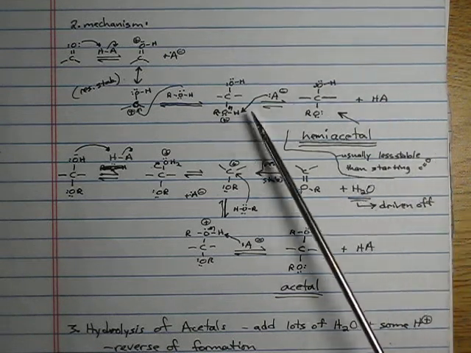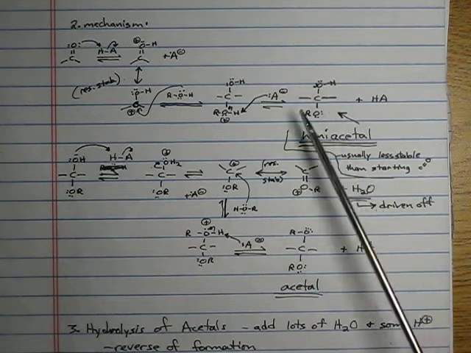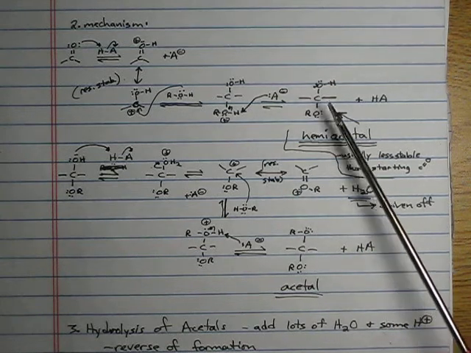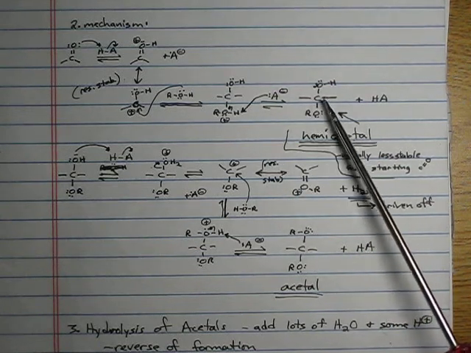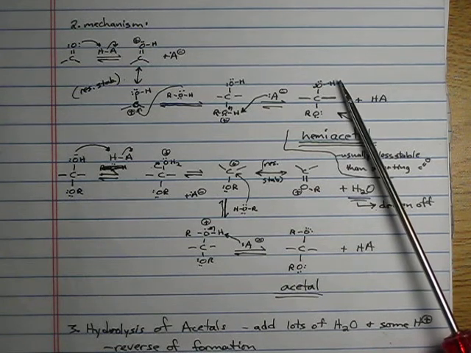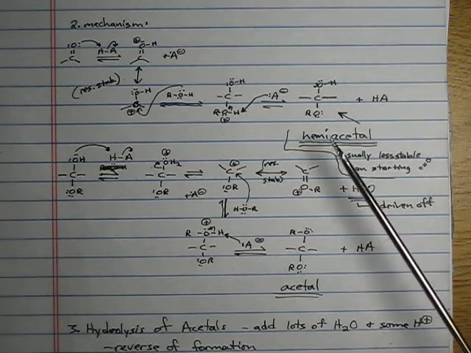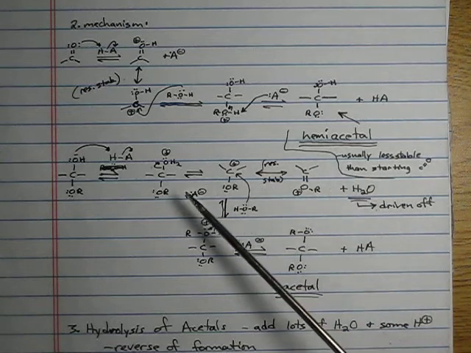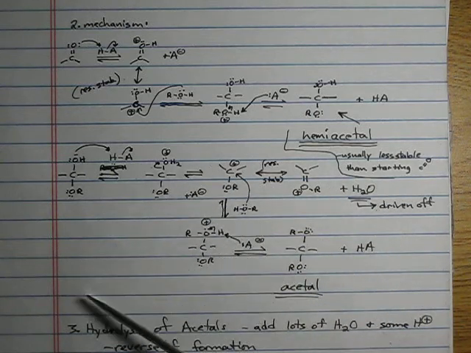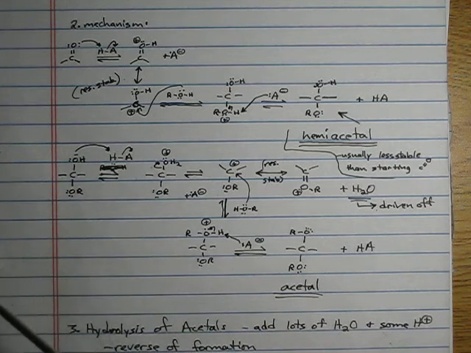Yay, and we have added the OR group here, but note at this point we've got the carbon with our OR on it and our carbon with an OH on it. We are halfway to our acetal, and we call that a hemiacetal because calling it a half acetal would not be appropriate. But no, we're only halfway.